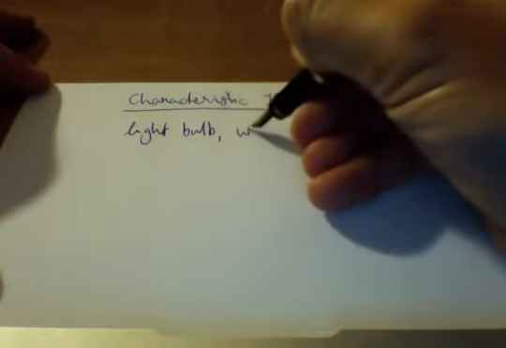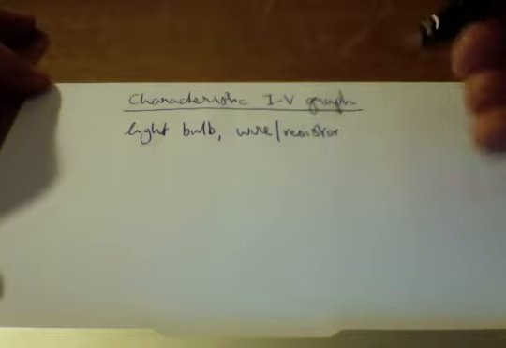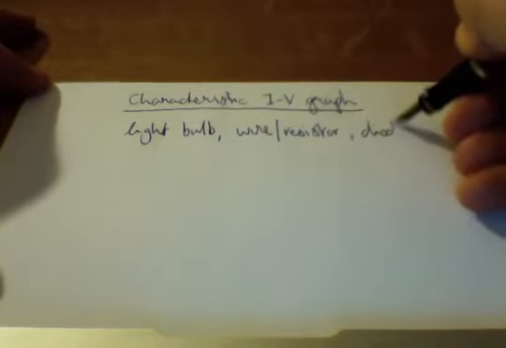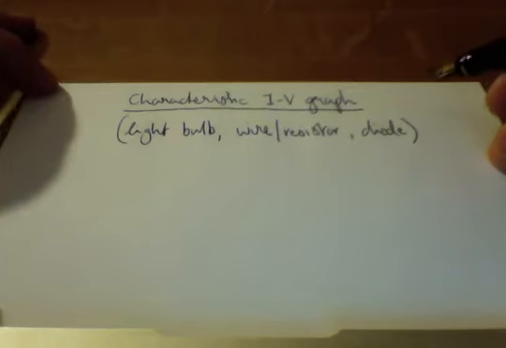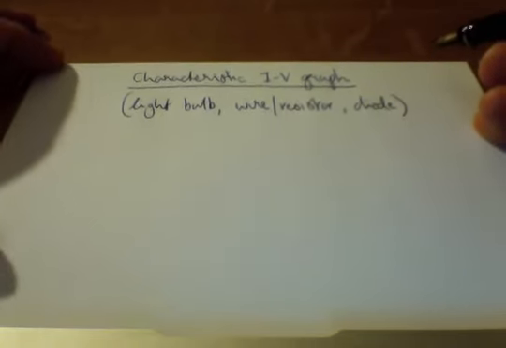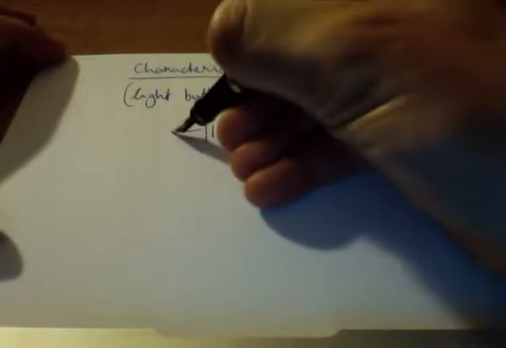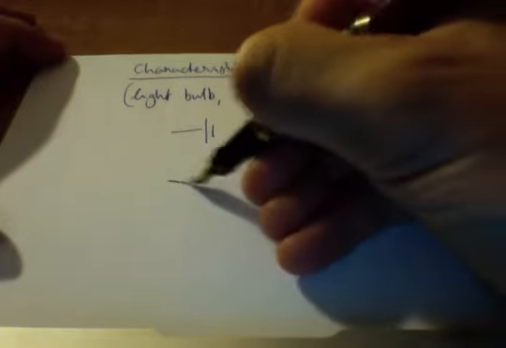One of them is a piece of wire or a resistor. They both behave the same way. And the other is a diode. And you need to be familiar with the shape of these graphs and what that graph suggests about their nature.